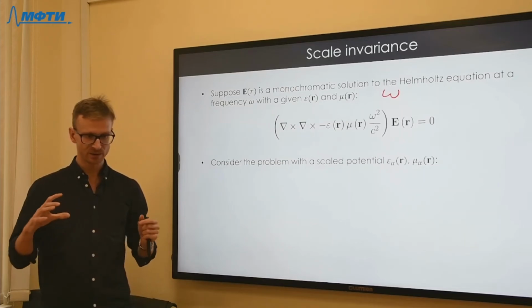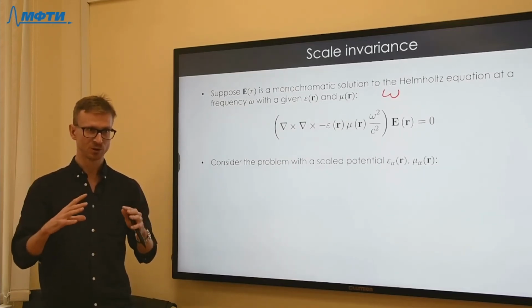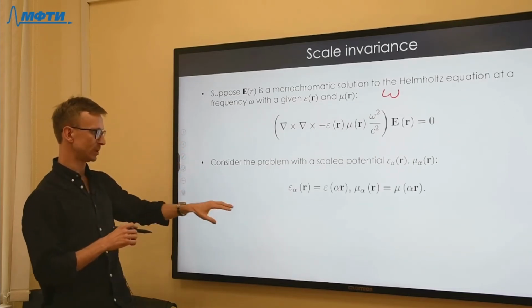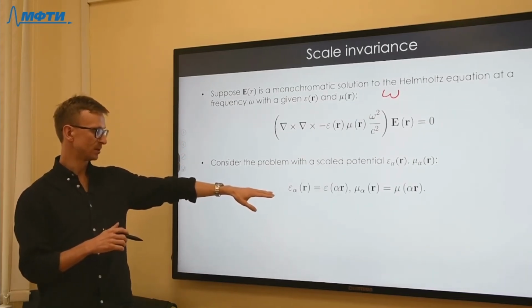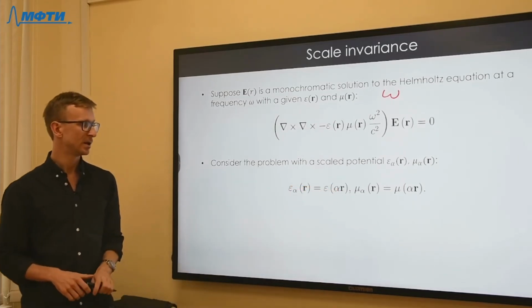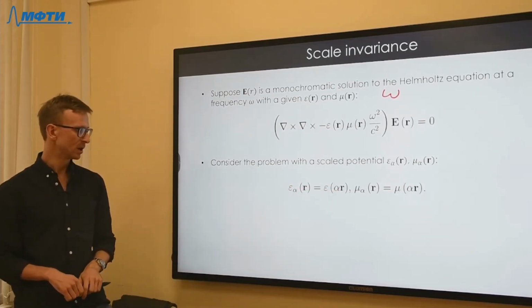We scale the distribution of permittivity and permeability in space by a factor alpha in the following simple way. So epsilon with index alpha is just epsilon as a function of alpha r, and the same for mu. So this is just scaling, okay?